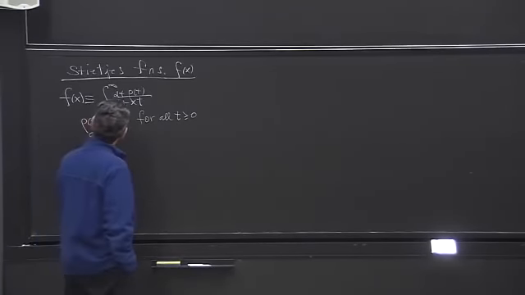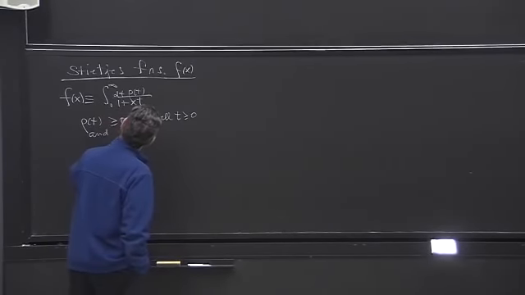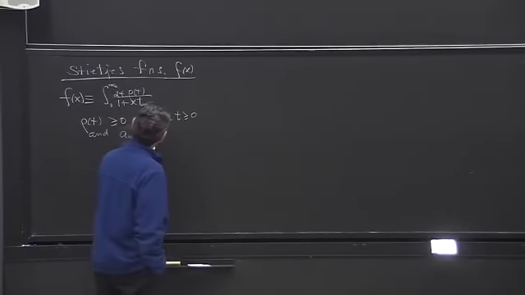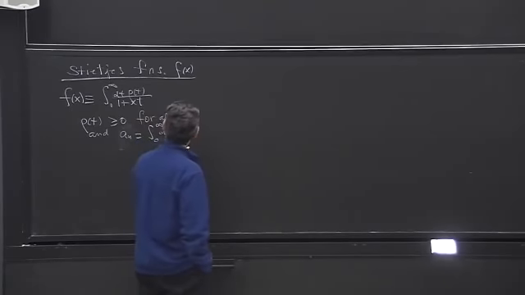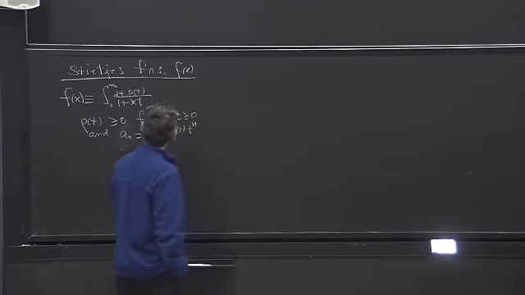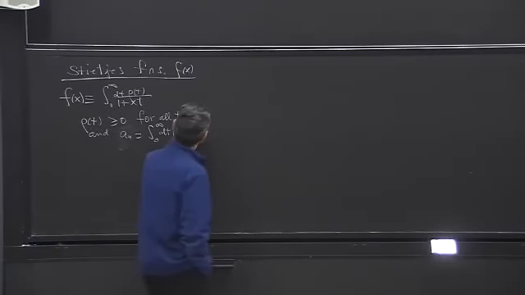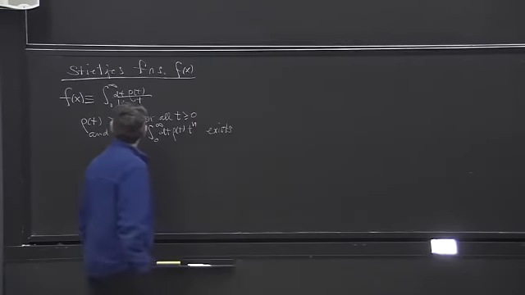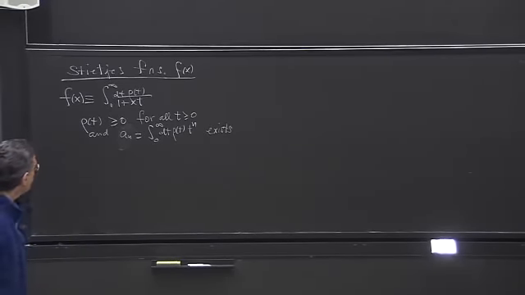And a_n, which is the integral from 0 to infinity of dt rho of t times t to the n, is called the nth moment of rho, and it has to exist. Okay, that's a Stieltjes function.